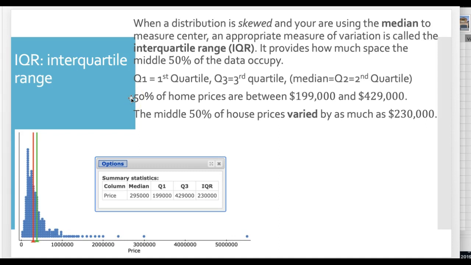And if I want to interpret the IQR, it says the middle 50% of house prices varied by as much as $230,000. So now we have an interpretation similar to standard deviation, I guess, when we're using the median for skewed data here.